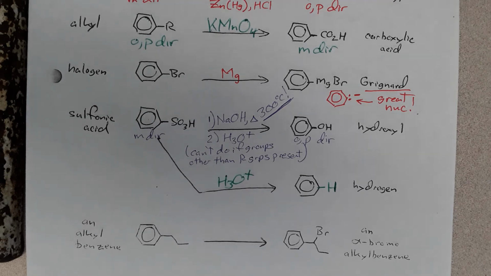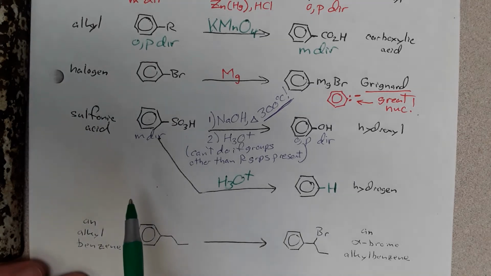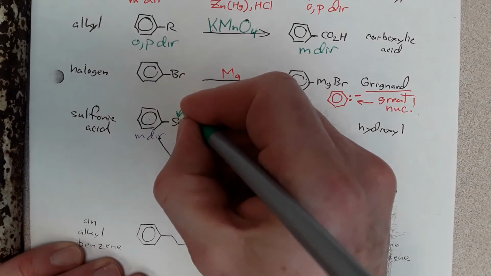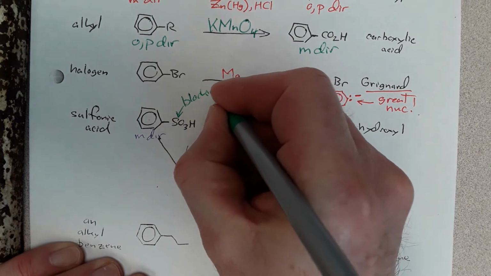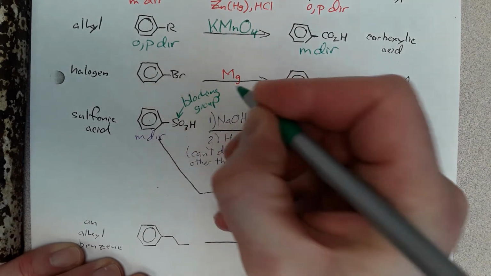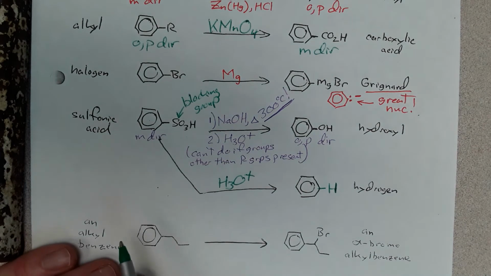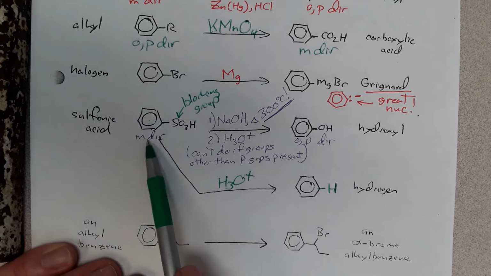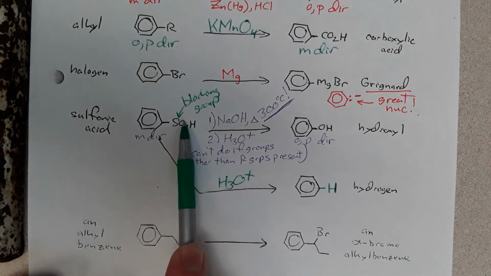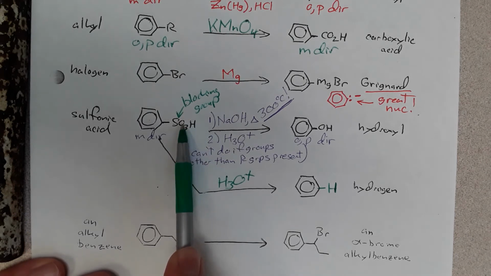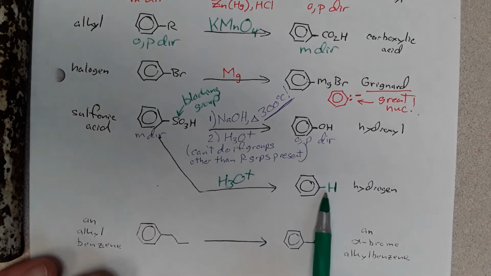I can't remember now if we did something with blocking groups the first semester or not. But this is essentially a blocking group, which means if there is a position that you don't want to add something else to, say you're adding a bromine and you don't want it to add in a particular position, then you can direct the sulfonic acid there first, and that will block that particular position while you do something else, and then you can take it back off again.